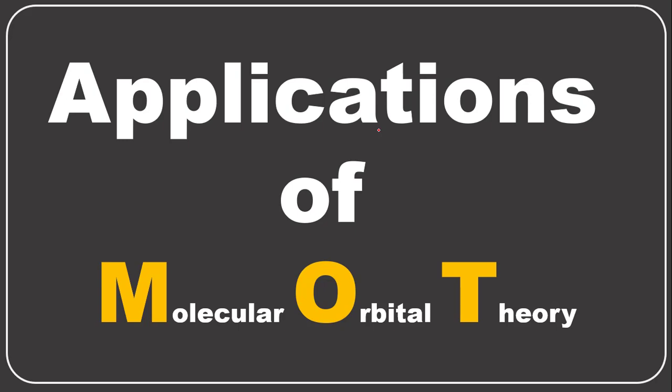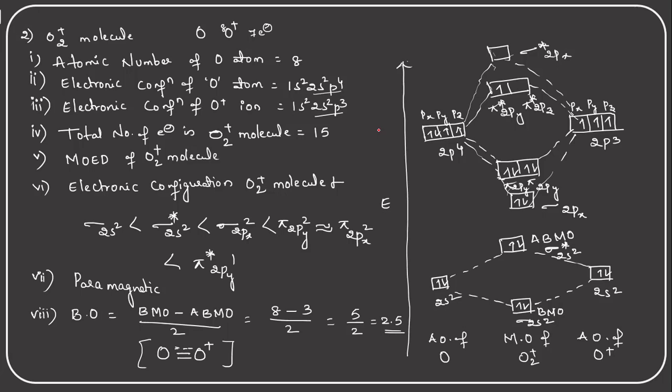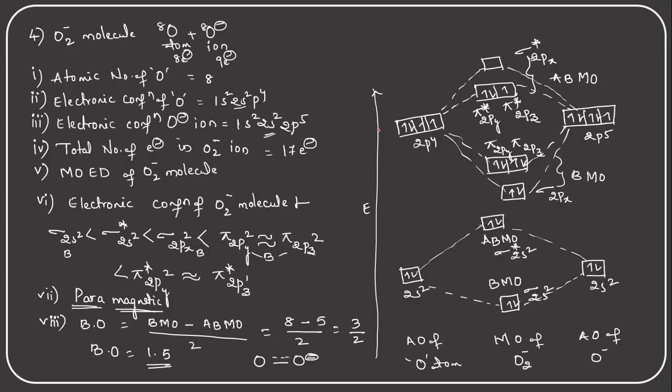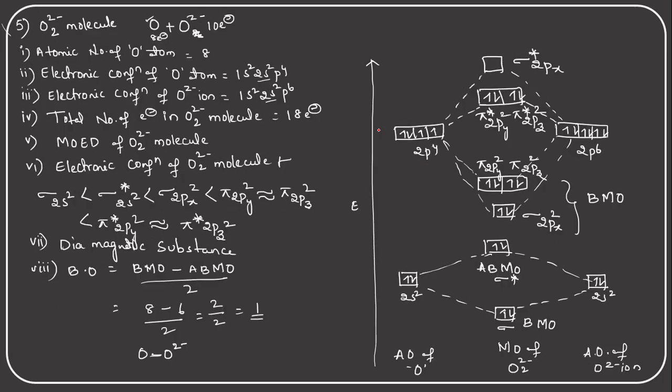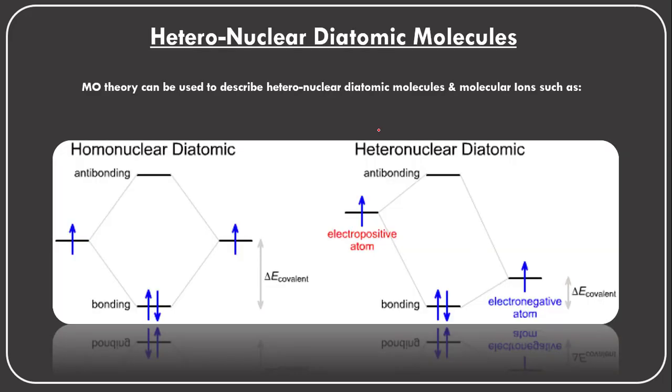Before that, I also explained the comparison of the bond orders of homonuclear diatomic species O2, O2 plus, O2 2 plus, O2 minus, and O2 2 minus, in ascending order. And today we are going to discuss the heteronuclear diatomic molecules.